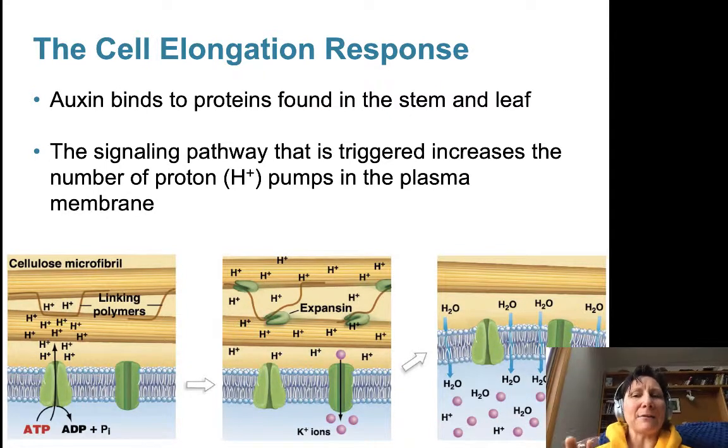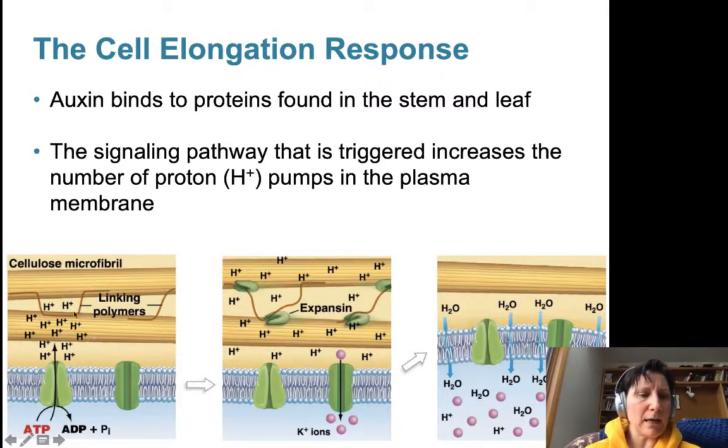Here's what's actually happened if you get down to the micro level a little bit. Auxin is going to bind to proteins found in the stem and in the leaf on the shaded side, right? The signaling pathway that's triggered increases the number of proton pumps in the plasma membrane. So here you have all these protons getting pumped out of the plasma membrane out to here, okay?